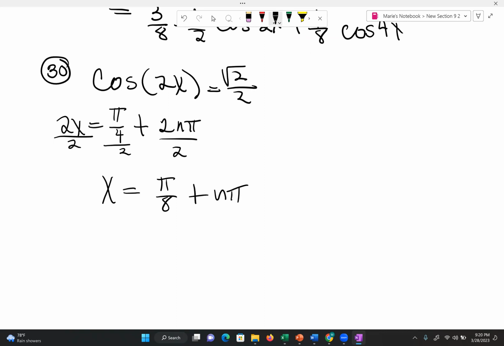And obviously the only answer choice that has pi over 8, you could stop there. Just remember, you start with n equals 0, n equals 1, and so on. And you should get those values that we see there.